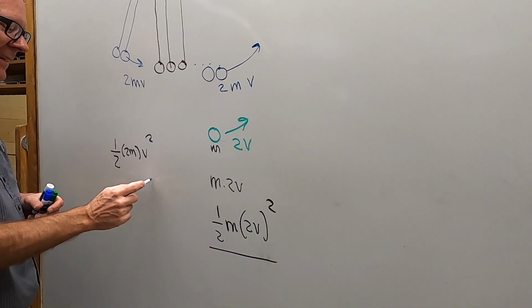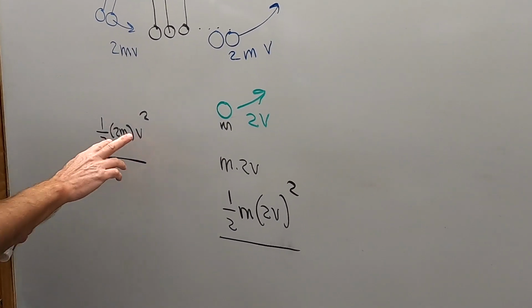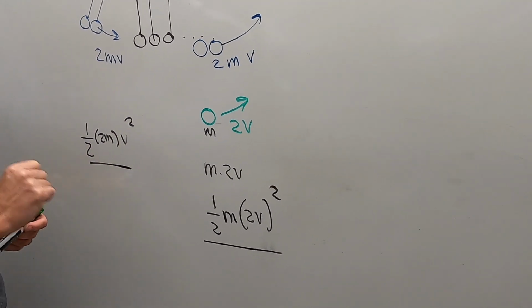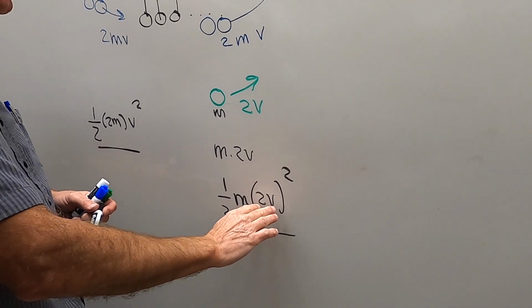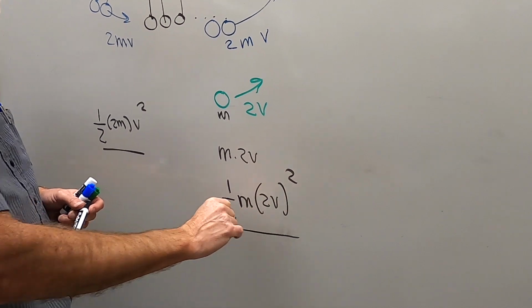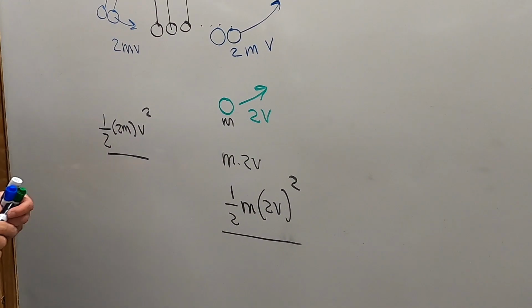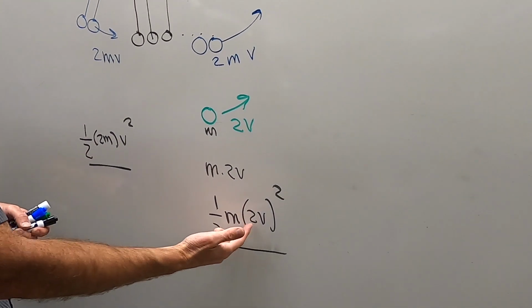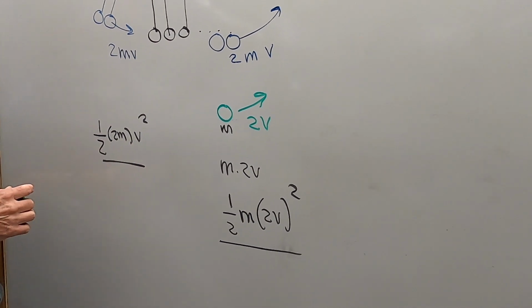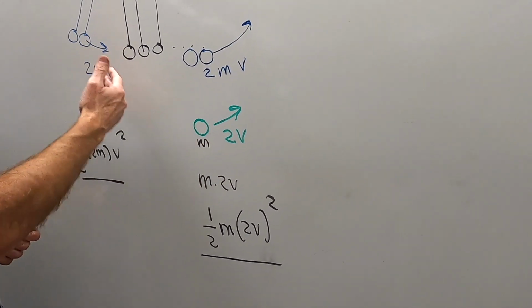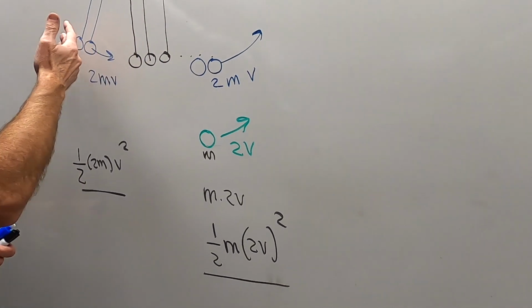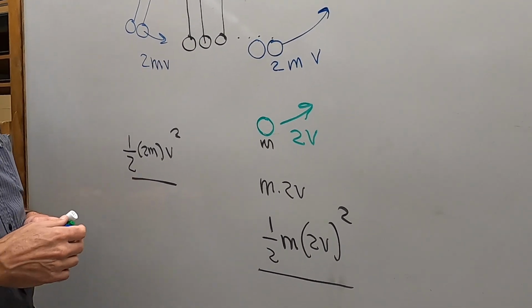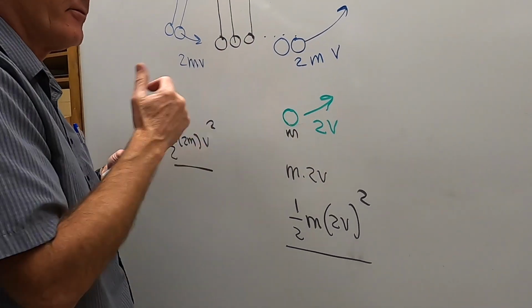You notice that they are not the same. m and v don't have equal importance. The v is more important with the kinetic energy, whereas for momentum they have equal importance. Here we have to square the 2, here we don't square the 2. So for this to happen, this would have to have twice as much energy afterwards as it did before, and that can never happen. That's why that never happens.